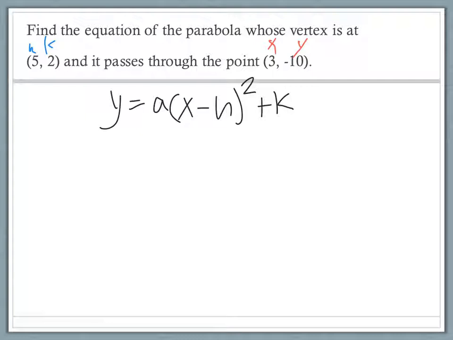The first way to do that is to plug in our h and k and plug in our x and y. So my y is negative 10, equals a times, and we don't know what a is.